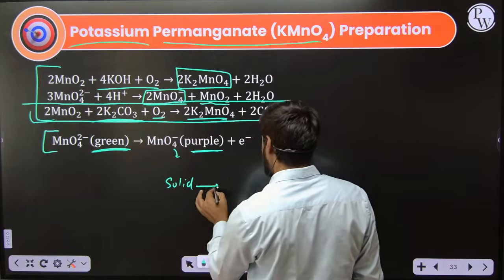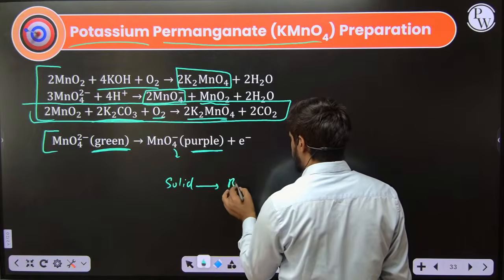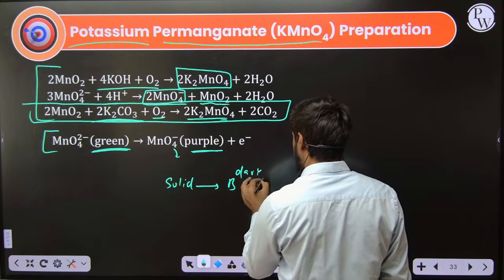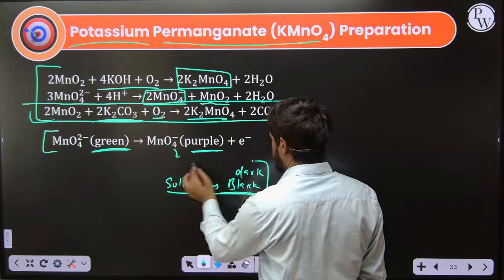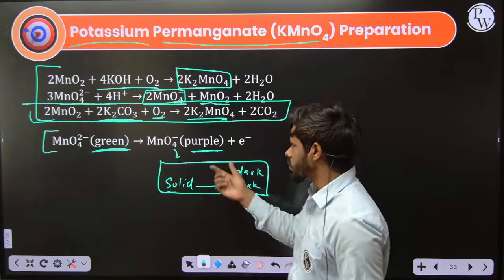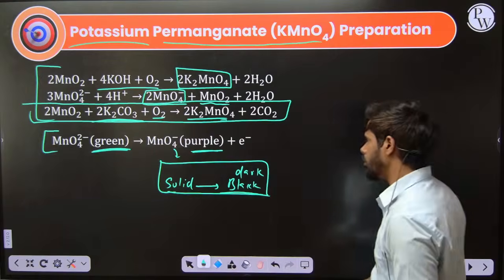In solid form it looks dark black, but in solution purple color is formed.